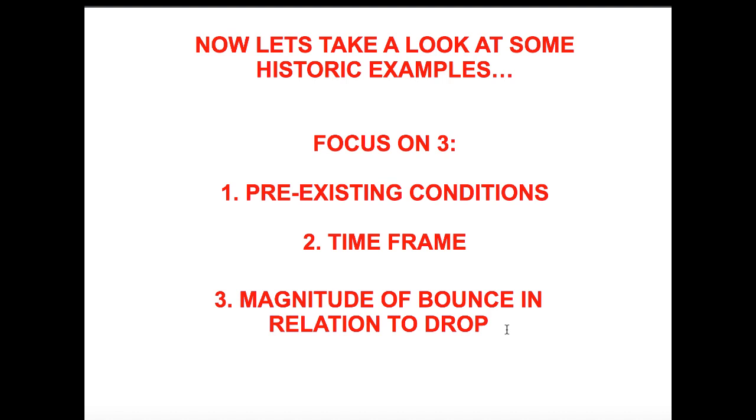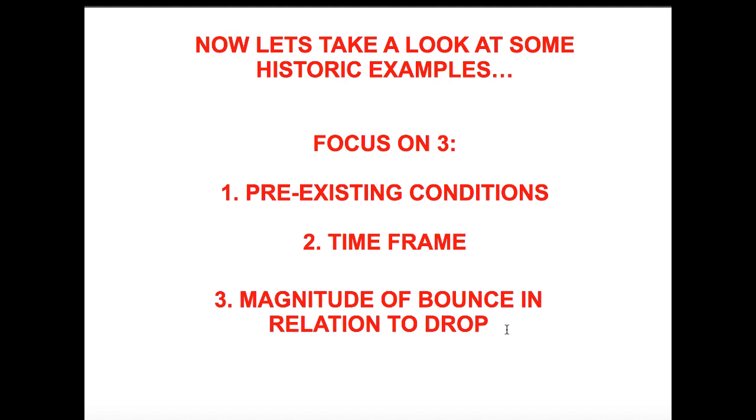So as we're going through these historic examples, guys, I want you to keep these 3 conditions in mind. Again, condition number 1 is the pre-existing condition. Remember when I was showing you the multi-top formation, the double top, both of these formations could happen in the uptrend and downtrend. Number 2 is the time frame of the move. How long does it take a certain thing to complete its move lower?